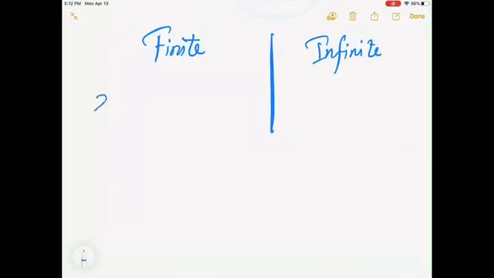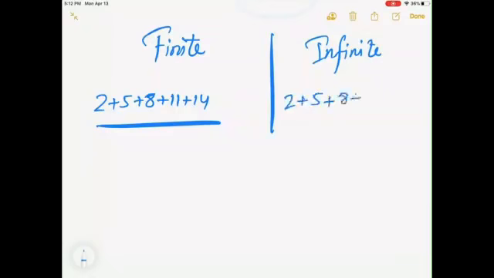So something like 2 plus 5 plus 8 plus 11 and 14. Done. That's a finite series. But when I say 2 plus 5 plus 8 plus 11 and so on, that's an infinite series. Why? Because we don't know where it's going to stop. We don't know the last term.